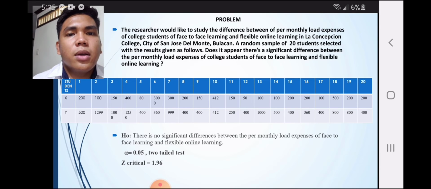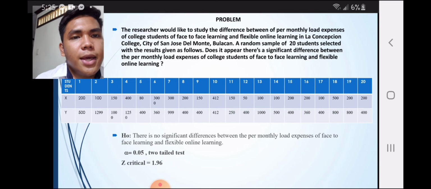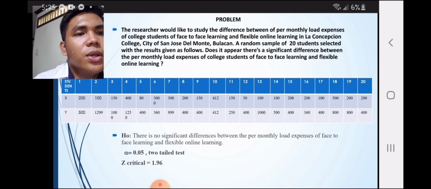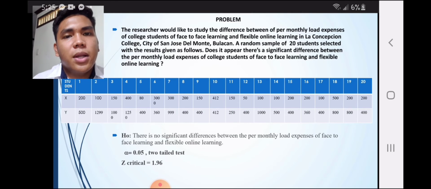Student 1, our X is 200, 100, 150, 400, 80, 3,000, 300, 200, 150, 412, 150, 50, 100, 100, 200, 200, 100, 500, 200, 200.